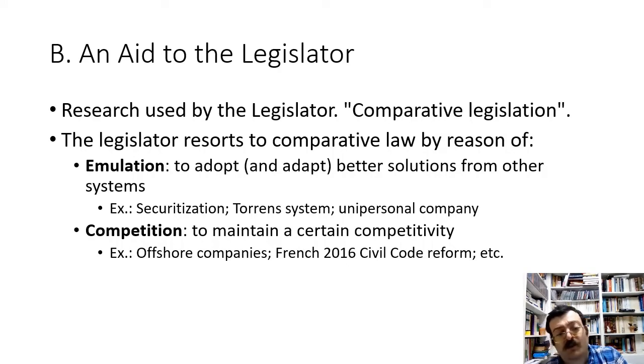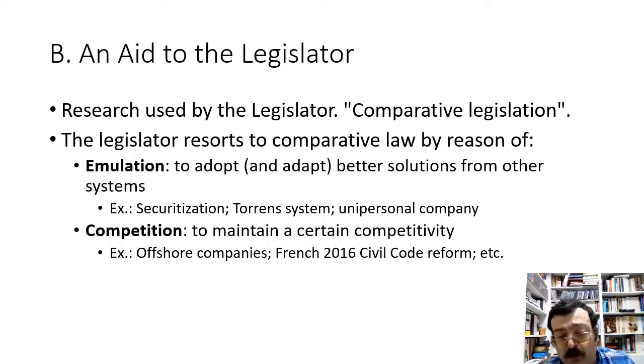When it comes to emulation, we can give the following examples. The Torrens system, the Torrens real estate system, السجل العقاري, le livre foncier, which of course granted Lebanon more legal security when it came to real estate transactions.